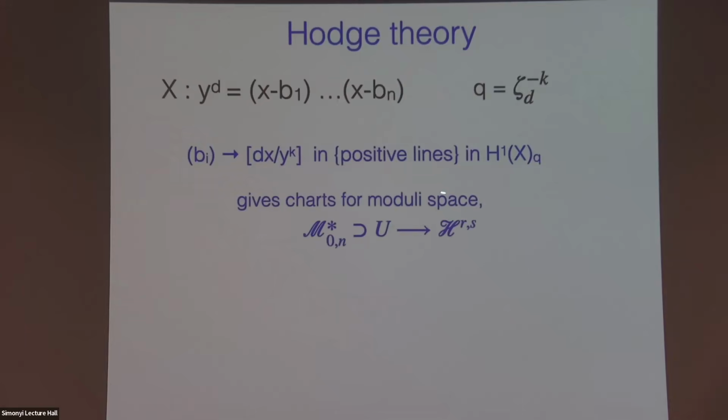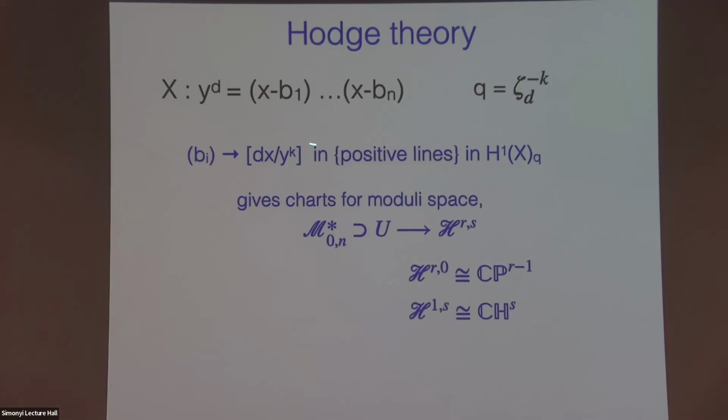And in view of that choice of positive line, which now depends on exactly where the branch points are, we get a map from the moduli space of n points on the sphere, or at least locally we get such a map, into what I'll call H^{r,s}, which is just the space of positive lines in a complex vector space of signature (r,s). So for example, H^{r,0} is just complex projective space of dimension r minus 1. H^{1,s} is a model for complex hyperbolic space.